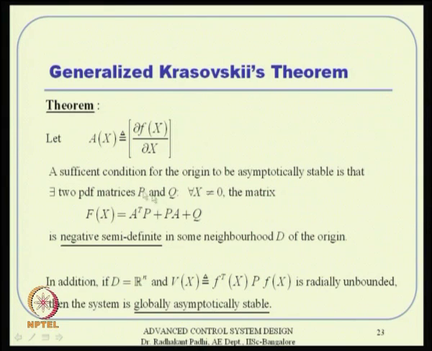You select P and Q, and then construct this F of x, and then you make sure that F of x is not really negative definite, but it is negative semi definite. So, not only does it give you freedom of selecting P and Q, and hence a lot of freedom in constructing this F of x, but it also tells you that F of x needs to be only negative semi definite.